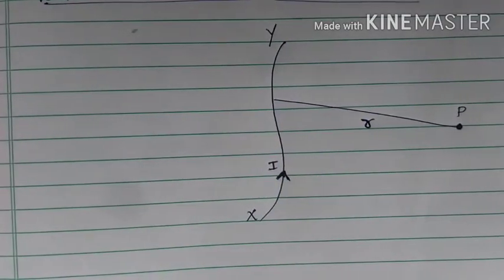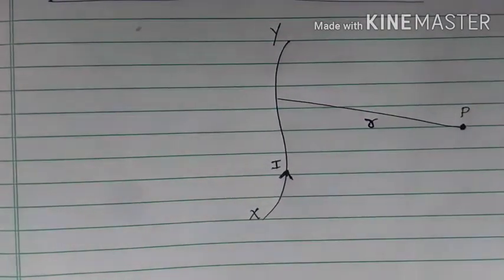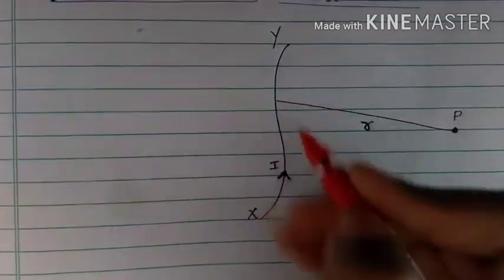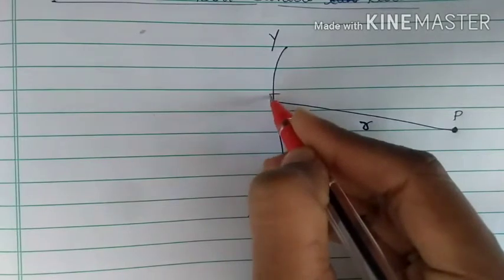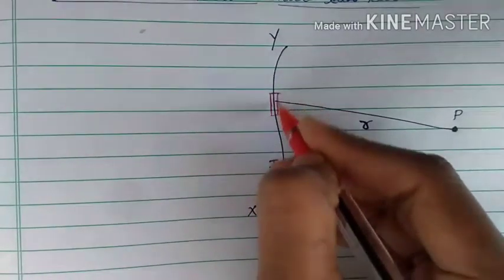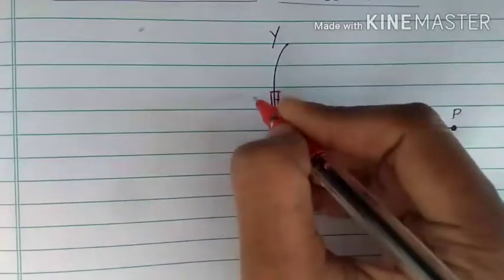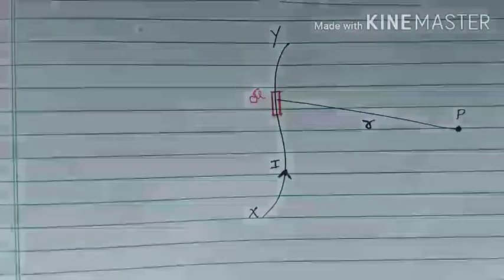Now let us take a small element of this conductor and call it dl or delta L. This small element of the conductor can be called delta L. Clear?